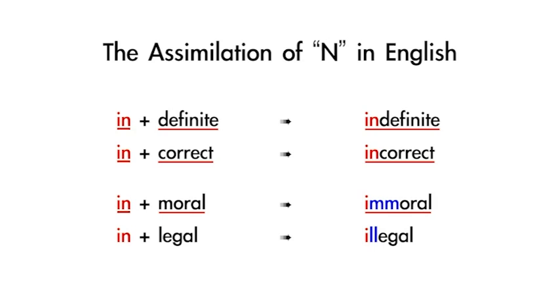This is the assimilation of the n in English. Let's look at the second example. In plus legal is now rendered illegal. In this case, the n of the in prefix has become l. It has assimilated to the l of legal. This is the assimilation of n in English, and this is exactly what happens in Hebrew, except in Hebrew, the noon will assimilate not as another letter, but as a dagesh forte.